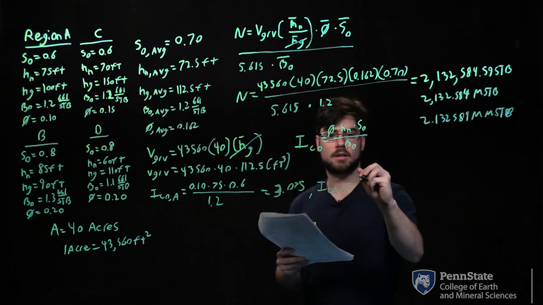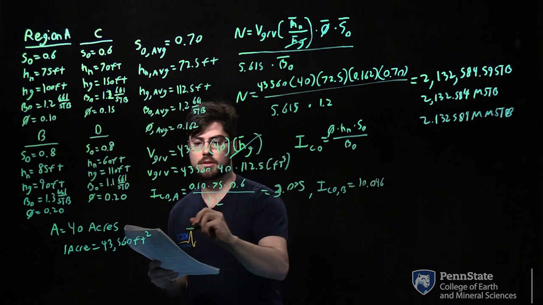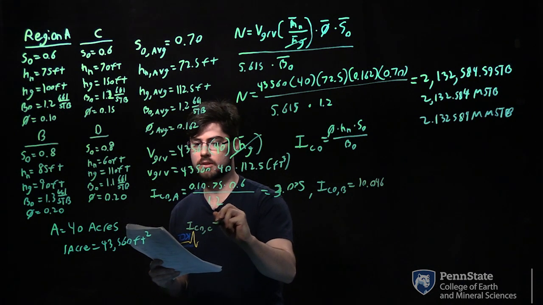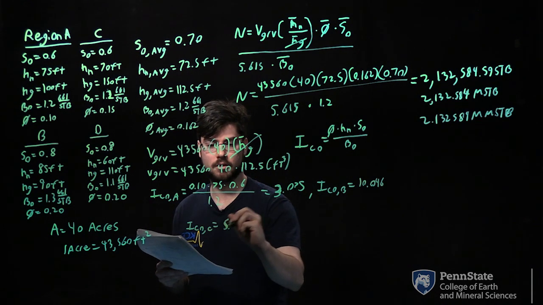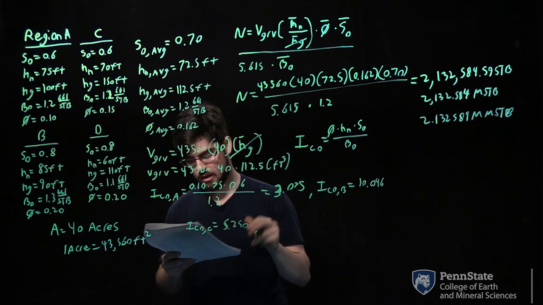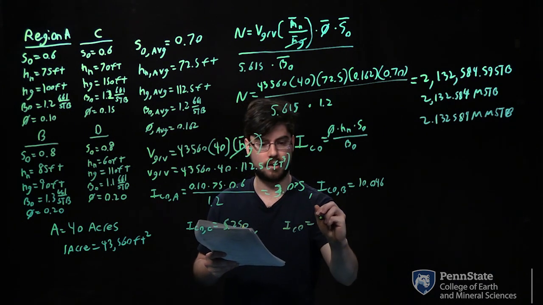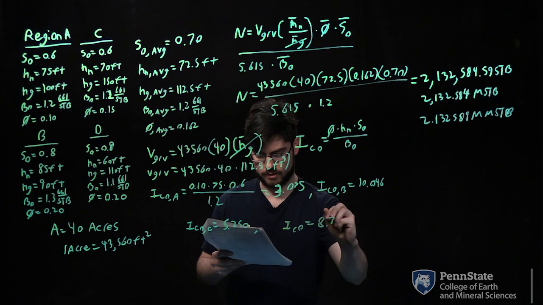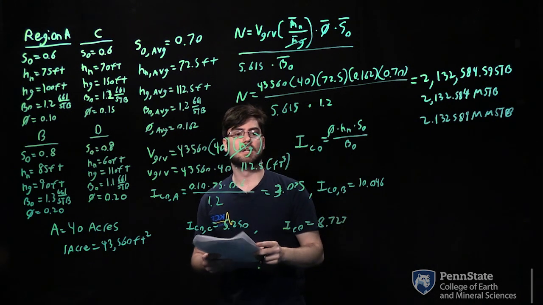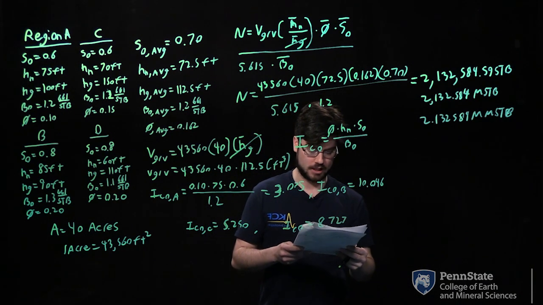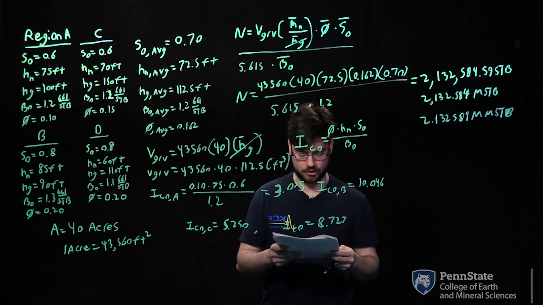It's going to be 10.046. For C, it's going to be 5.250. And for region D, it's going to be 6.727. Okay. And so we look at these as constants. So it's a parameter for that region.